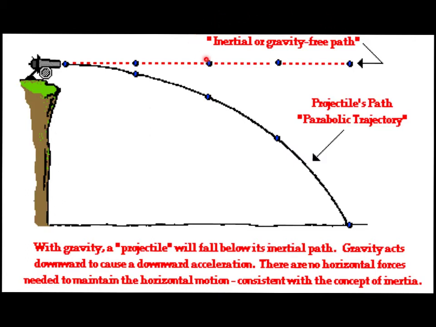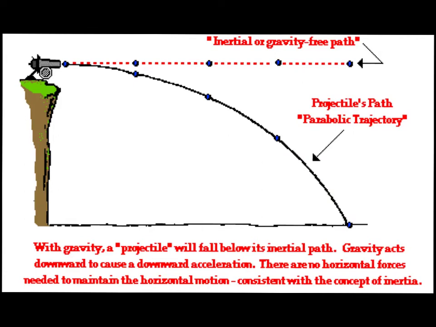This one at the top is called the inertial or the gravity-free path. If there was no gravity, the cannonball would go straight out from the cannon and keep going. But we know that there is gravity, and so the cannonball actually follows the projectile's path. As it travels outward away from the cannon, gravity pulls it down to the ground.